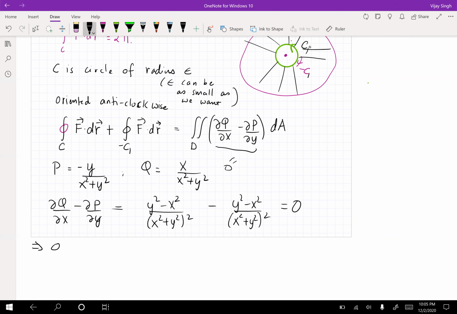So this would imply that the integrand here is 0. So we get the integral over C of f dot dr plus the integral over minus C1 of f dot dr is 0.